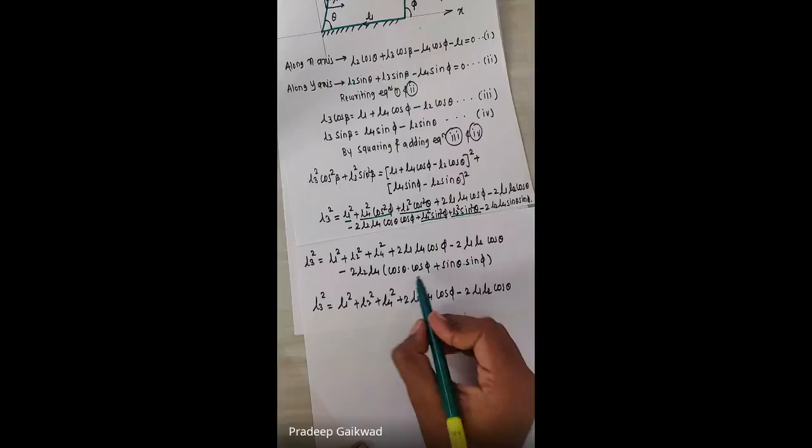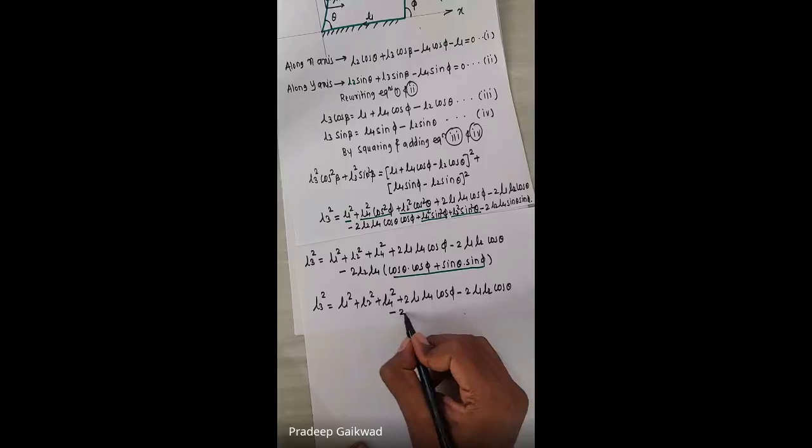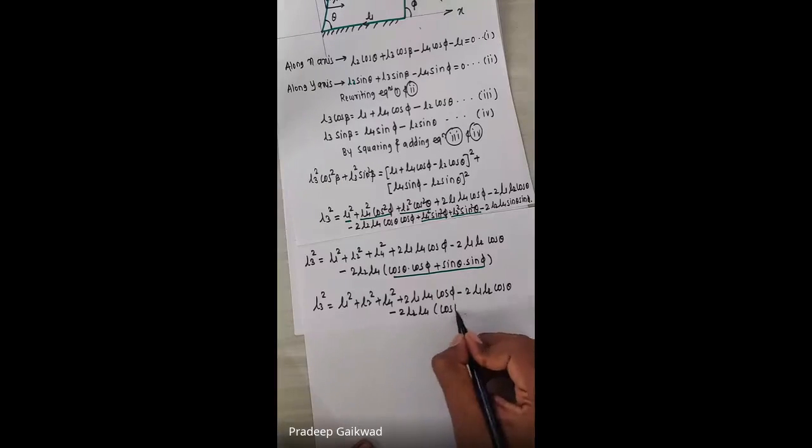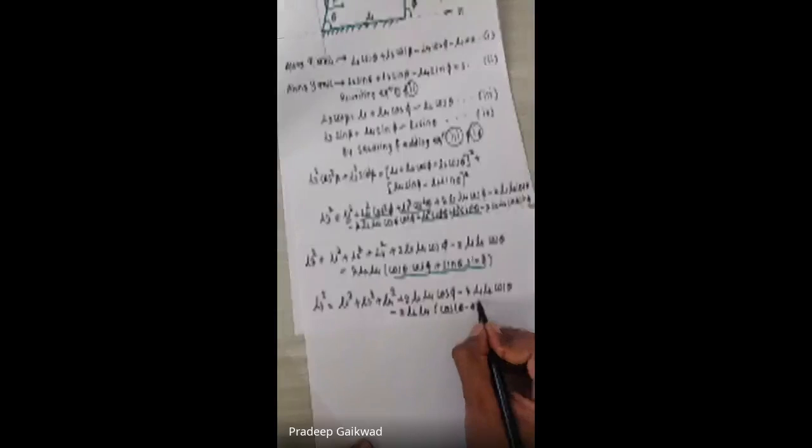What about this term? cos A cos B plus sin A sin B is cos of theta minus phi. Very good. So I can simplify it as minus twice L2 L4 in bracket, the simplified term cos of theta minus phi.